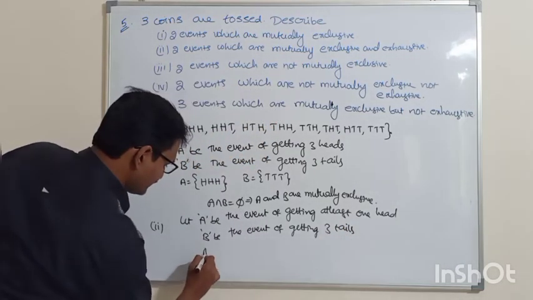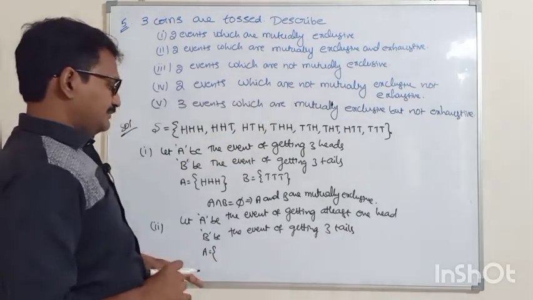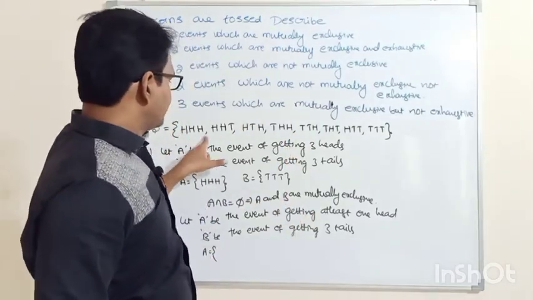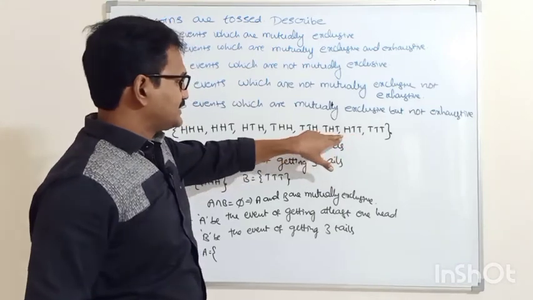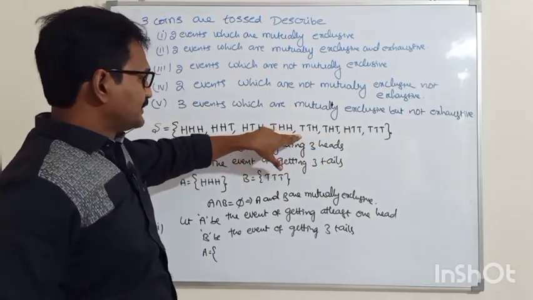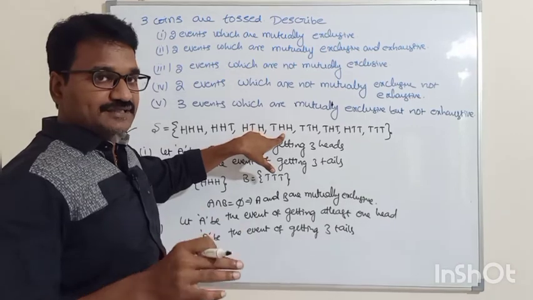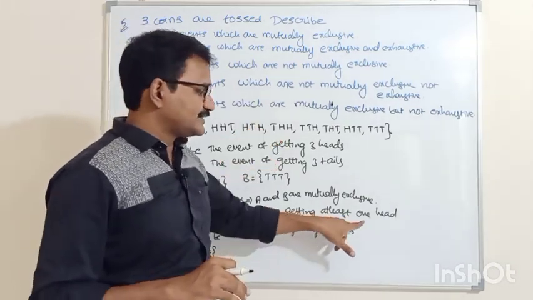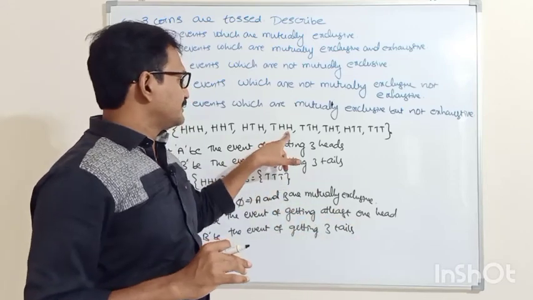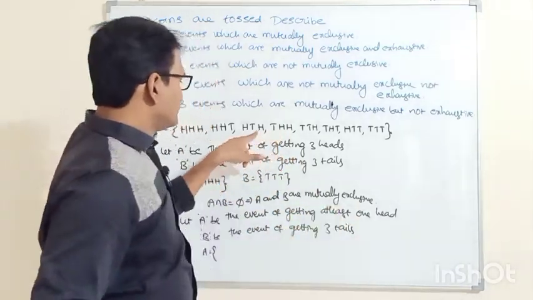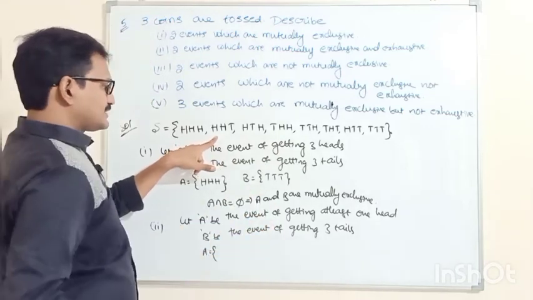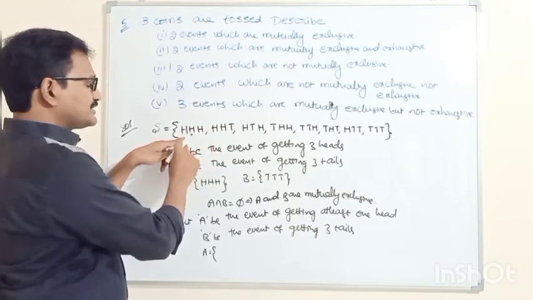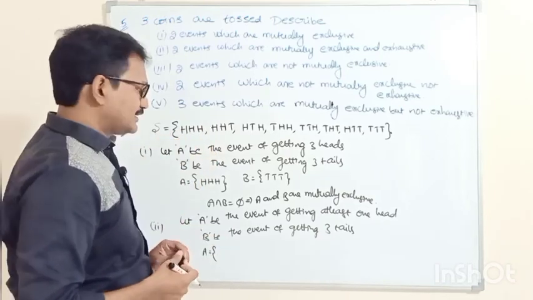Now what is set A? Set A is the event of getting at least one head. At least one head means, if you observe the sample points, here one head is there, here one head is there, here one head is there. Here two heads are there. Two heads also comes under at least one head, because minimum one head. At least one head means minimum one head. These three sample points come under this event, and triple H. Here also, at least one head means three heads also comes under at least one head.